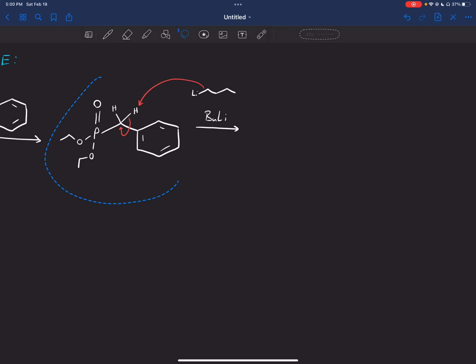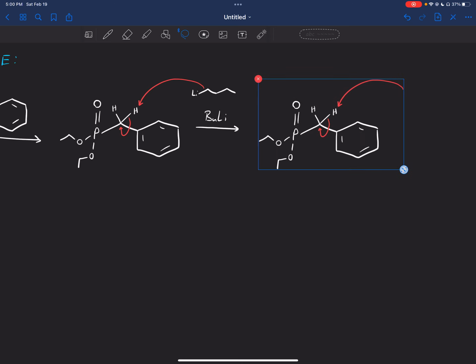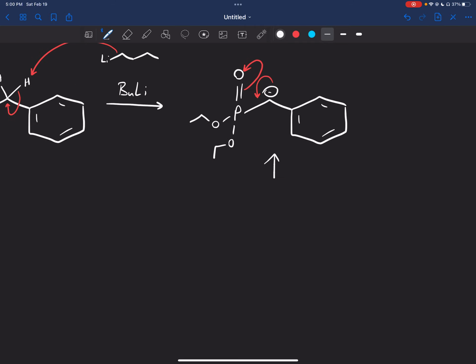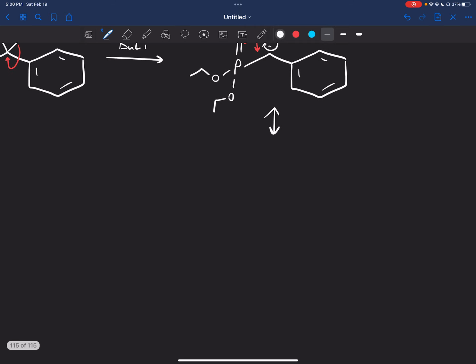And so we're going to get the negative we want, like that. All right, and that can resonate with this. Puts the double bond there, and this comes up. It keeps those electrons localized next to that phosphorus.